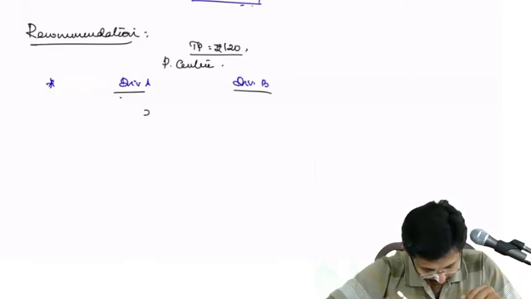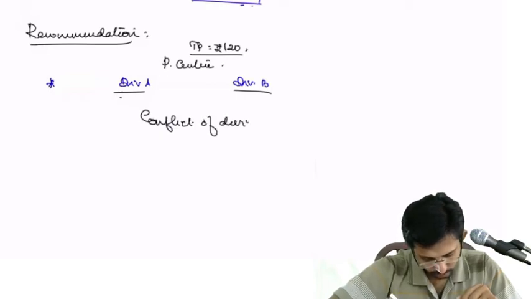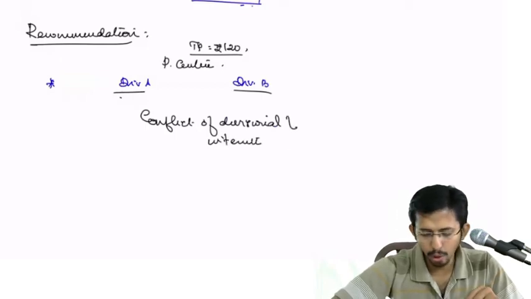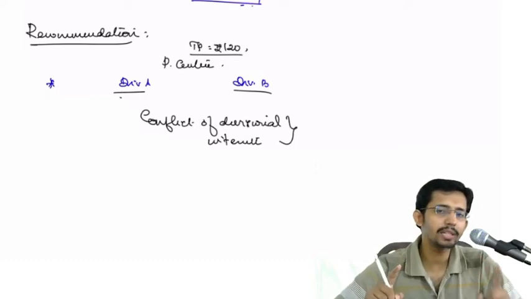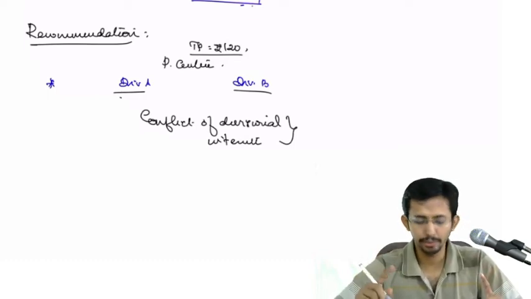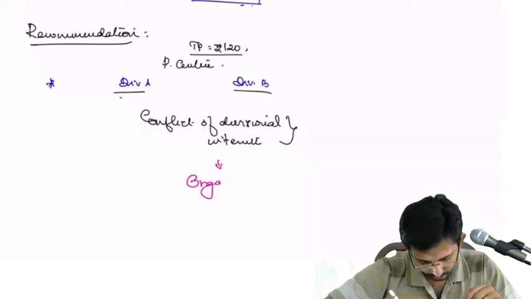So there is a conflict of divisional interest. Is it clear? Now what to do? Whenever there is a conflict in the decisions of the buying division and selling division, you have to see the organizational interest.